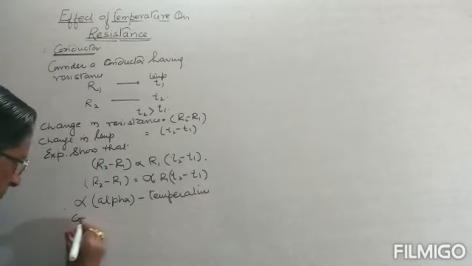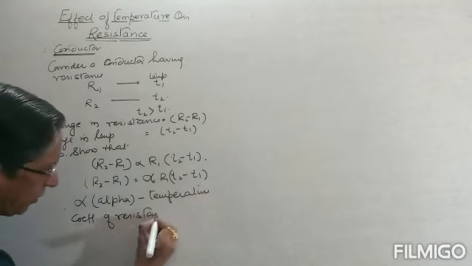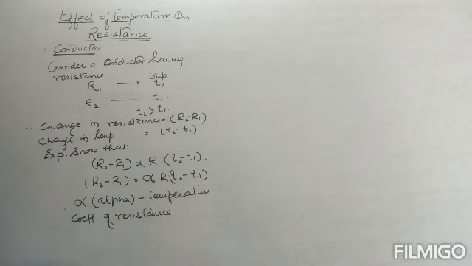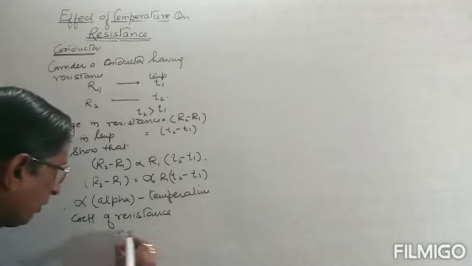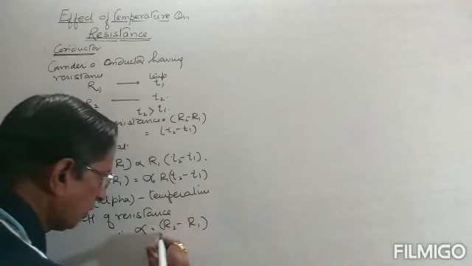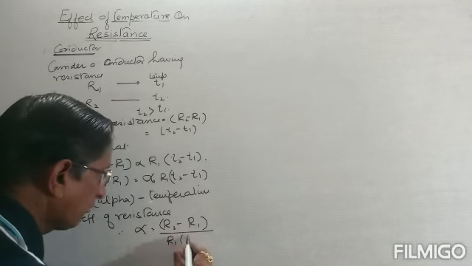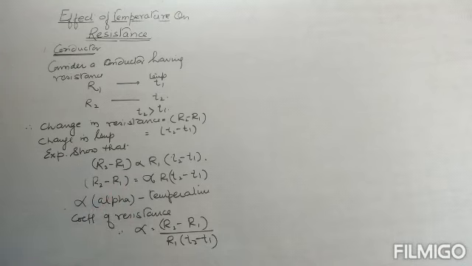Alpha is the proportionality constant and it is called temperature coefficient of resistance. Therefore, alpha is equal to R2 minus R1 upon R1 into T2 minus T1.